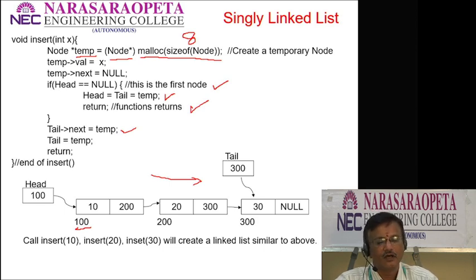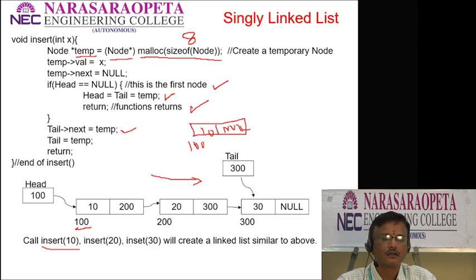So if I call it with 10, it creates something like this: a node whose address is 100, and here I am storing 10, and here I am putting null. The value of this I am storing into both head and tail.